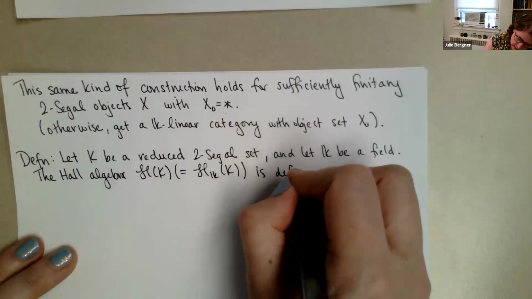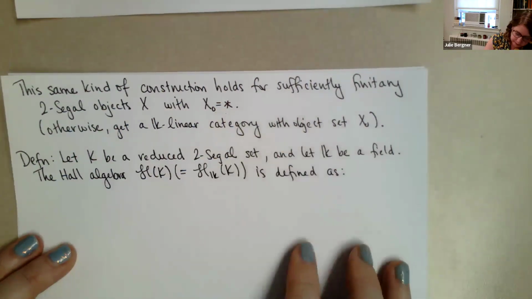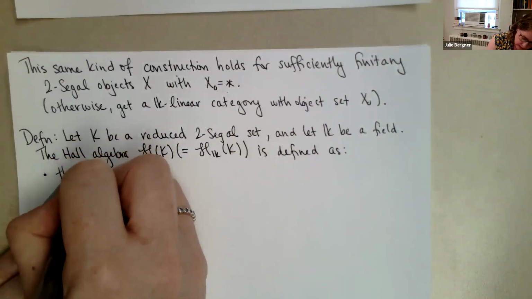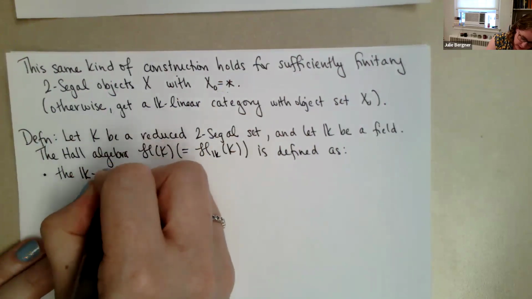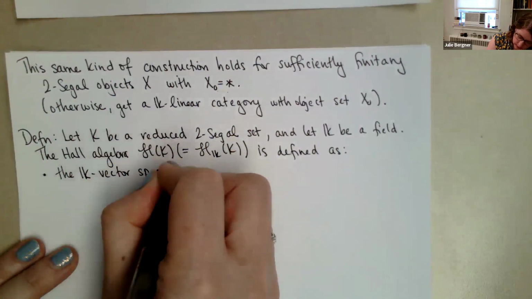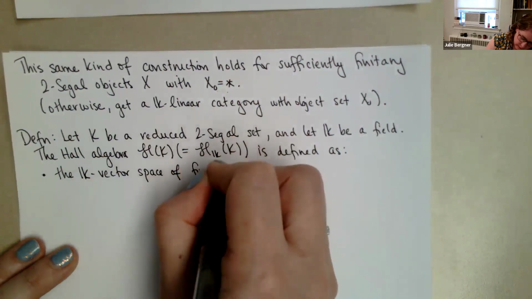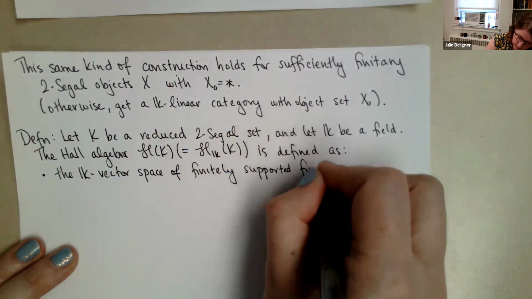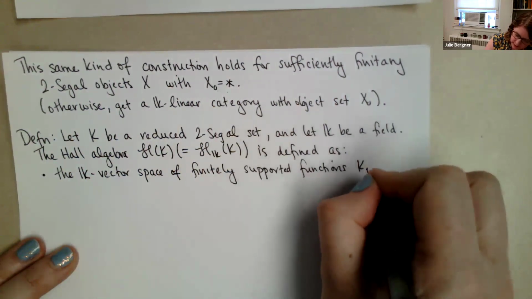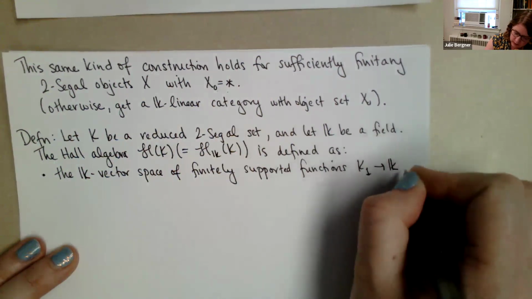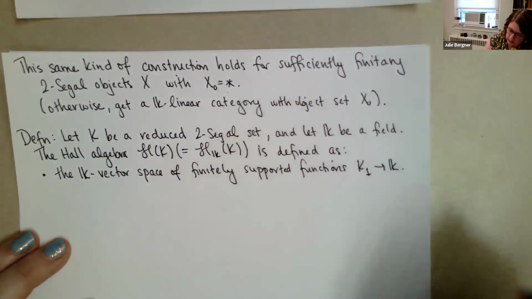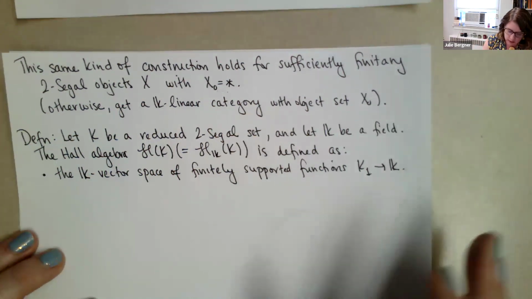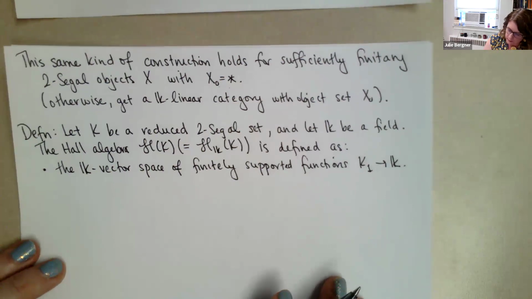So this is defined as, first of all, the k-vector space of finitely supported functions from the one-simplices of the simplicial set, of the 2-Segal set, into little k. Again, you can also just as easily think of this as the k-vector space spanned by the elements of K_1.